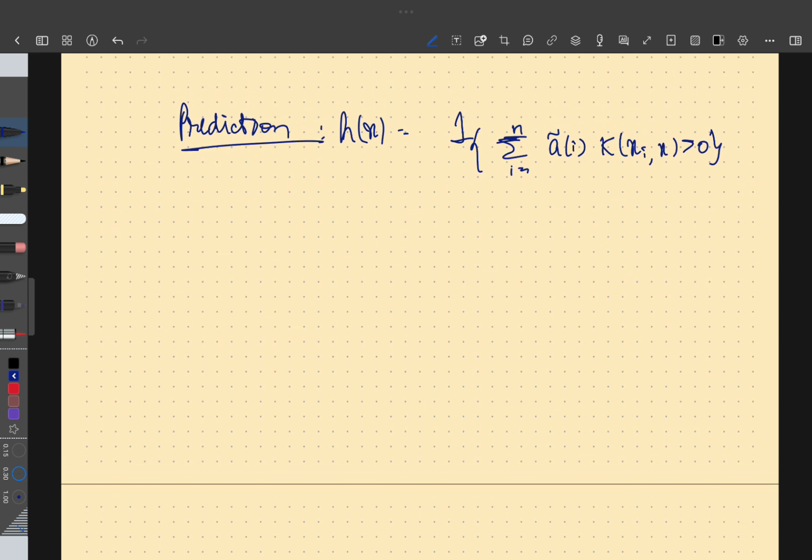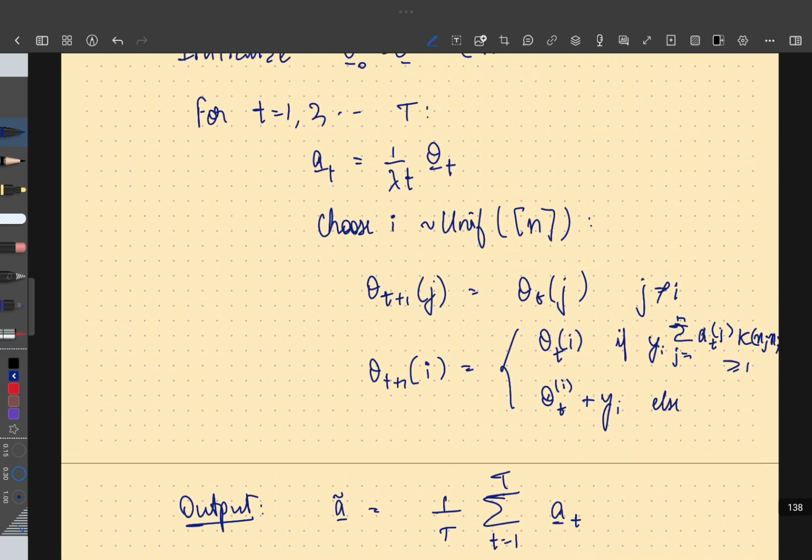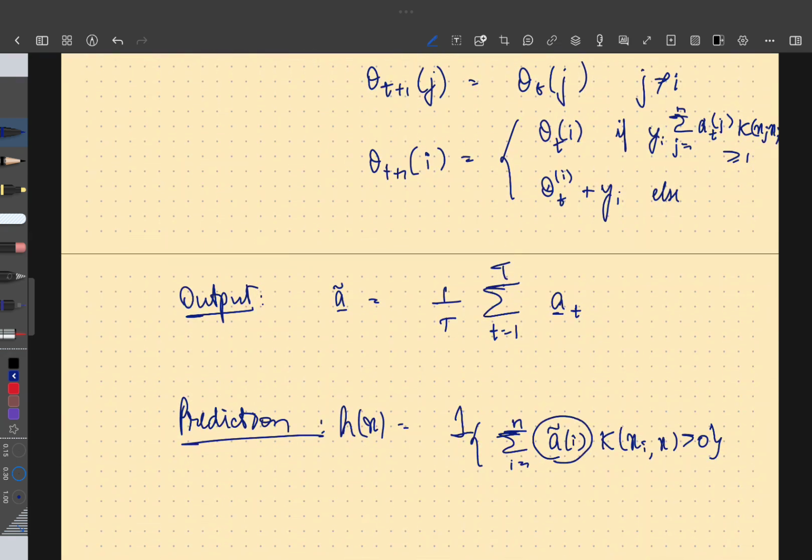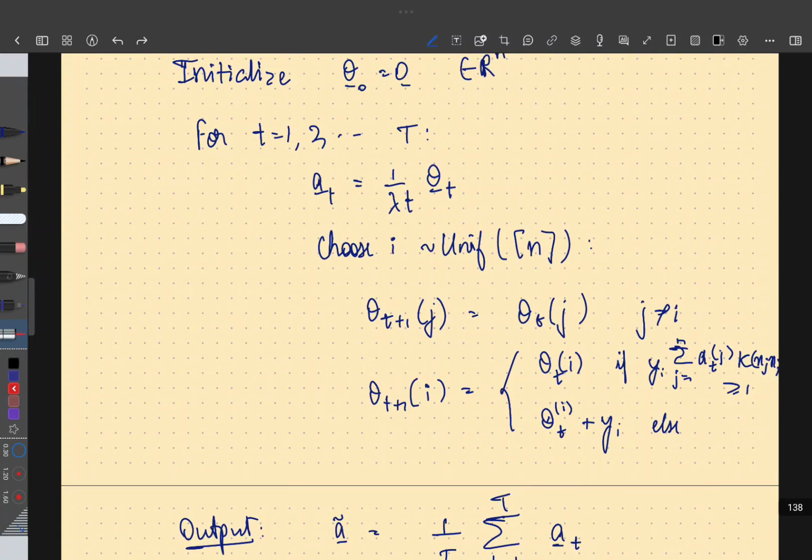Is a tilde t like an update? I'm sorry? Is a tilde t an update? So a tilde t is basically, what we're interested in are these coefficients, right? And a tilde t is an estimate of a after the tth step. Because it was reducing the magnitude, so it should be... It was reducing the magnitude as time step progresses.